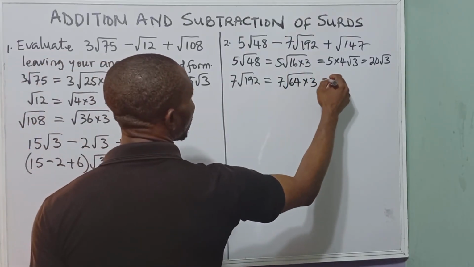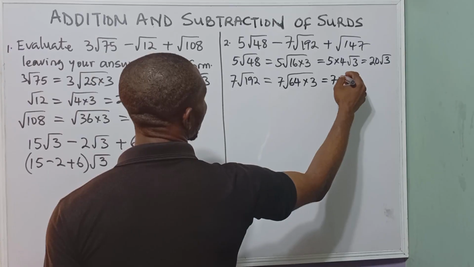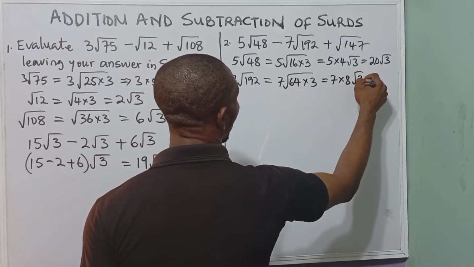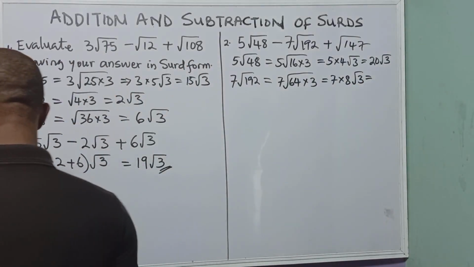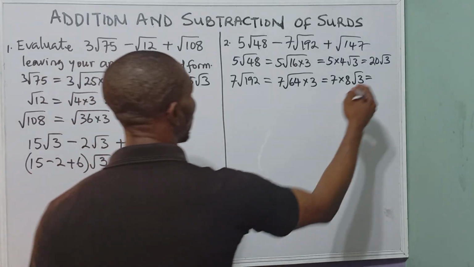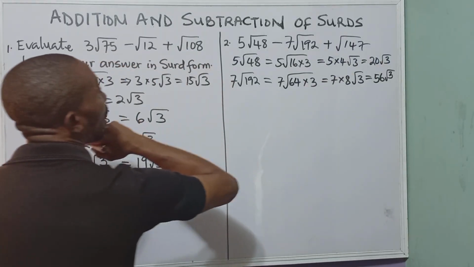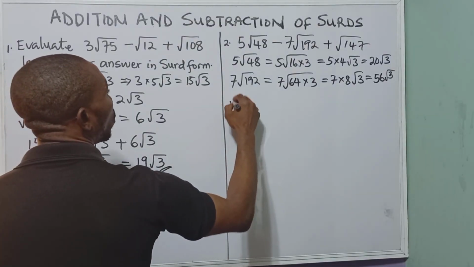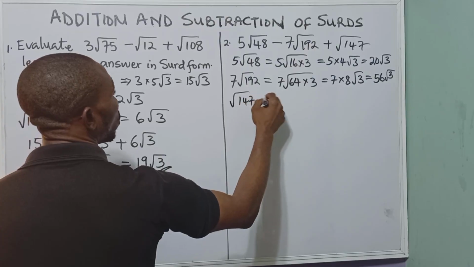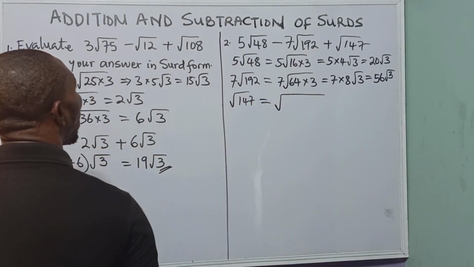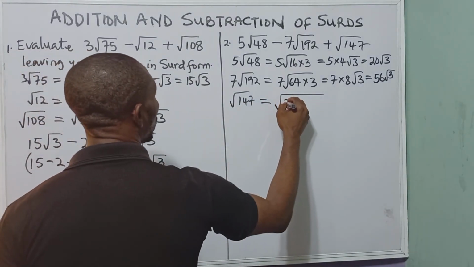Root of 64 is 8, so 7 times 8 root 3. 7 times 8 would give us 56 root 3. And our root 147 would be root 3 times 49.